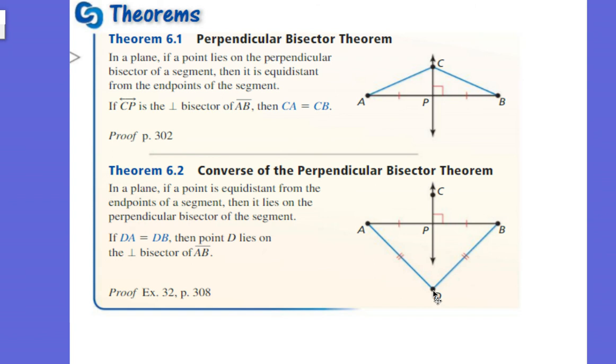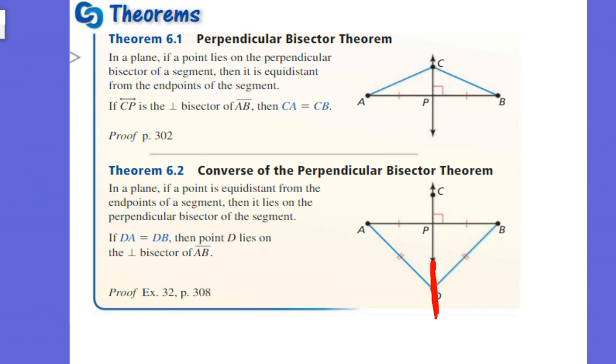We're wondering, is D actually on the perpendicular bisector? Well, since DA is congruent to DB, yes, I can claim that D is on the perpendicular bisector. And it's almost like I can just extend the line to go through D, and I could rename it CD if I really wanted to for that perpendicular bisector.